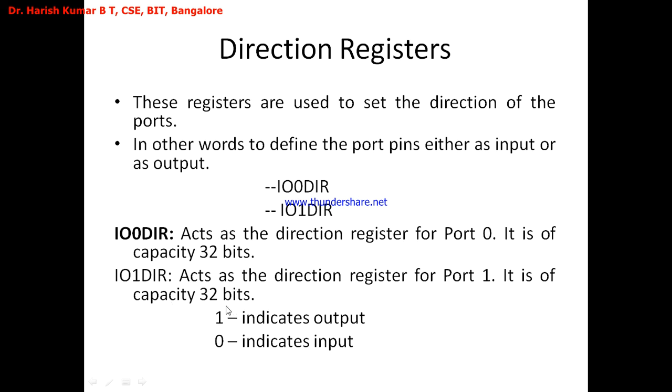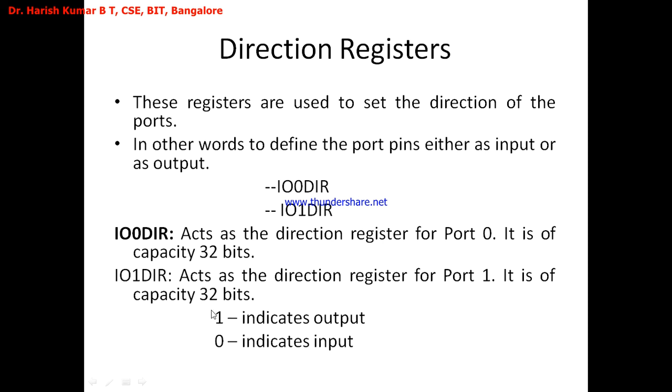Now in the previous class I also explained, when I was explaining 8255, there were three ports in it, port A, port B and port C. In order to make port A act as an input port you give 1 there, and to make the port operate as an output port you give 0 there. But here in LPC2148 it is reverse.